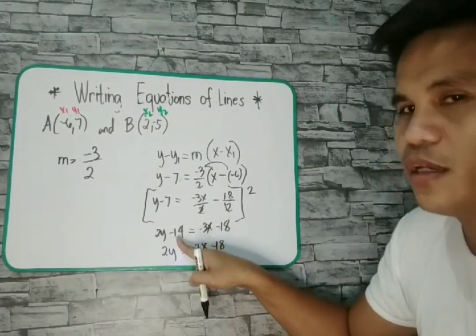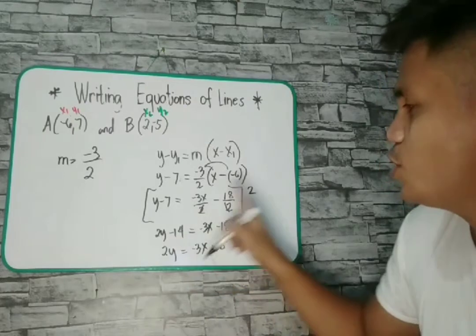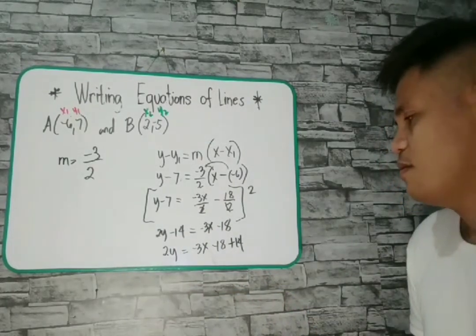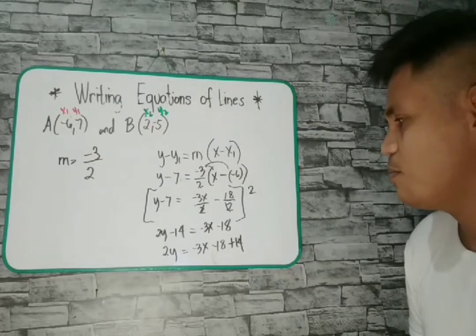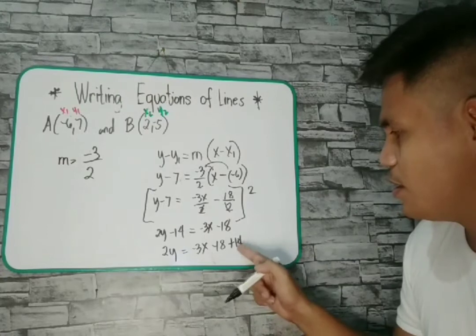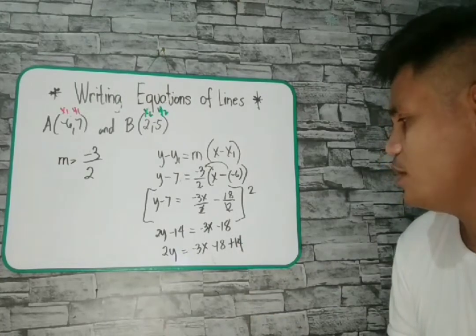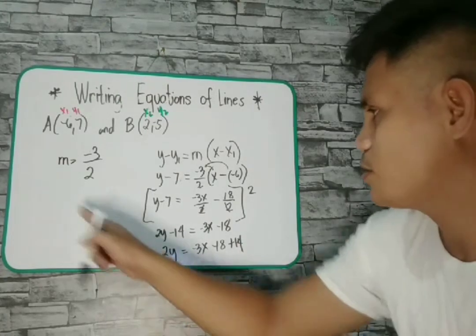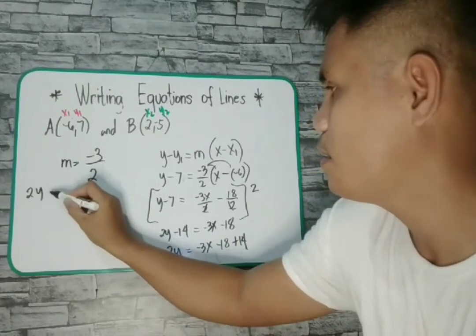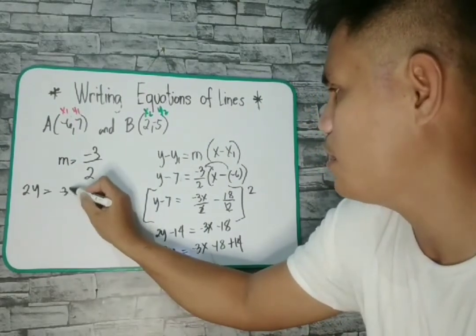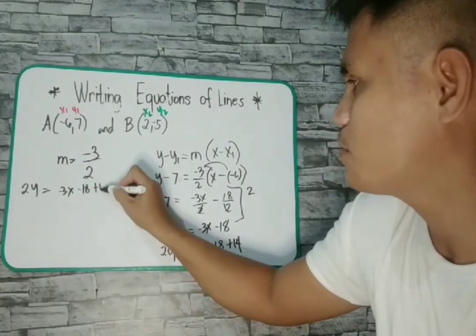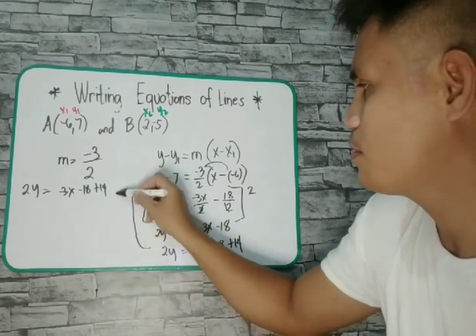And since this is negative 14, we have to change it into positive 14. So what is the next step? We have to combine this negative 18 and positive 14. Let's copy 2y equals negative 3x minus 18 plus 14.